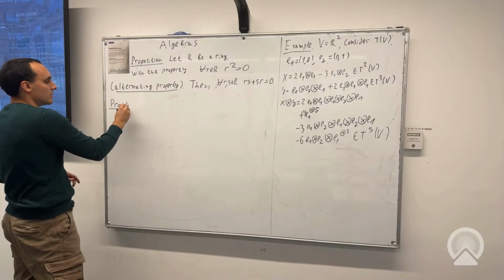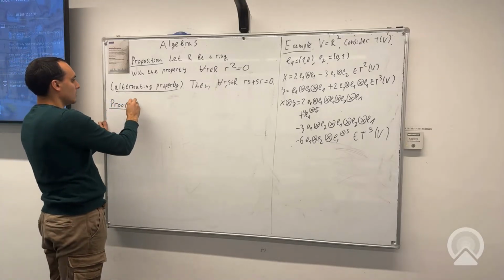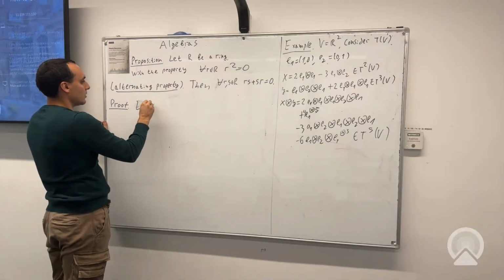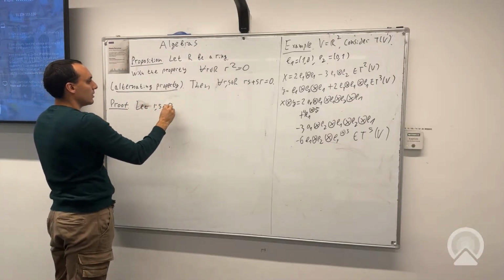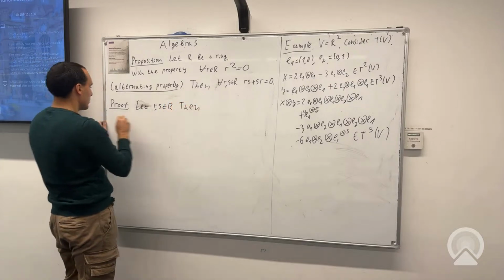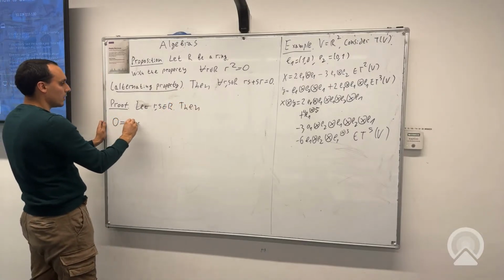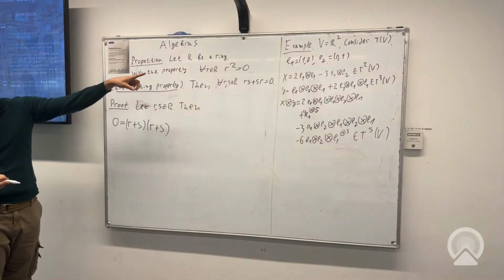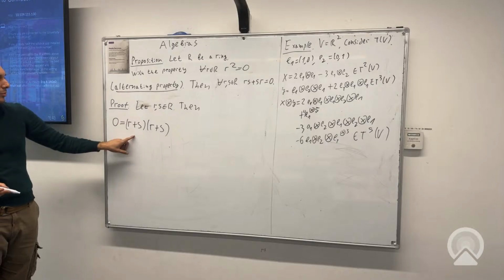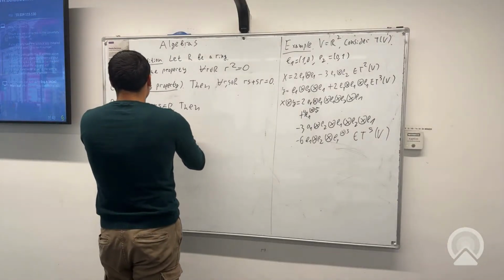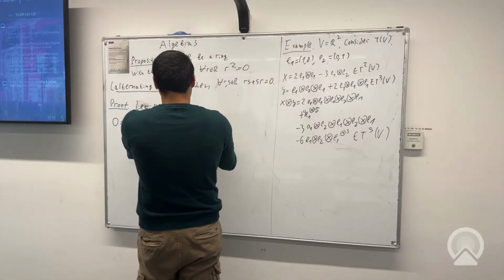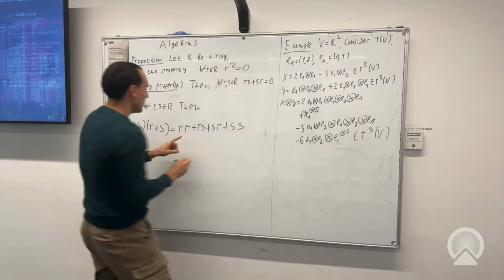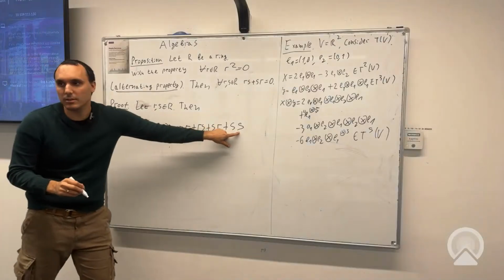The proof is very easy. Let R and S be in the ring. Then 0 is (R plus S) squared, (R plus S) times (R plus S), by definition, because any element multiplied by itself is 0. And this is R times R plus R times S plus S times R plus S times S. This is 0, and this is 0.